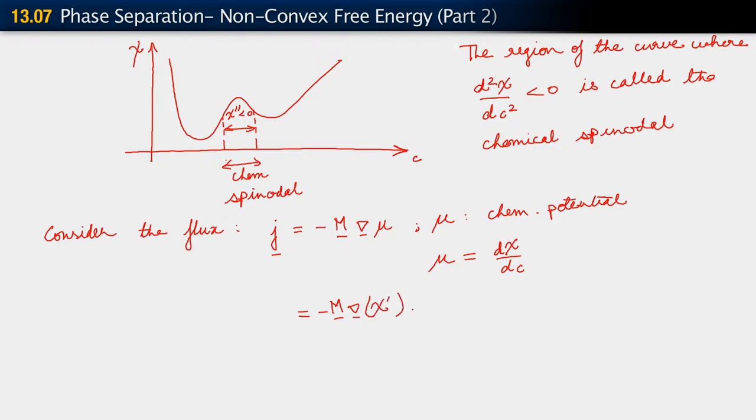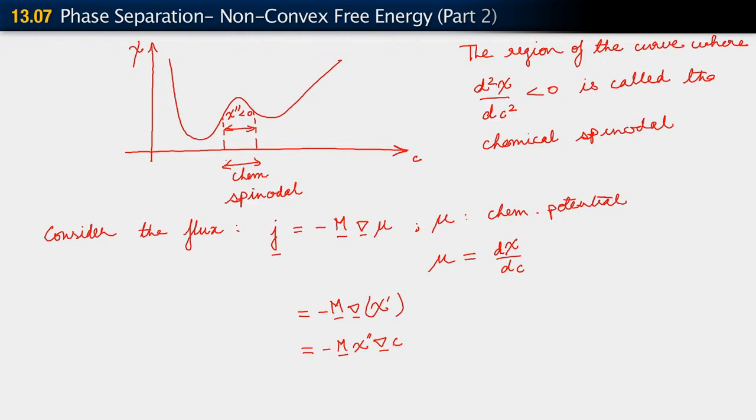This chi is a function of c alone, so the derivative of chi with respect to c is chi prime. But then if we want to compute that gradient, we see that it is now minus M, gradient of chi prime is chi double prime gradient of c, from the chain rule, right?